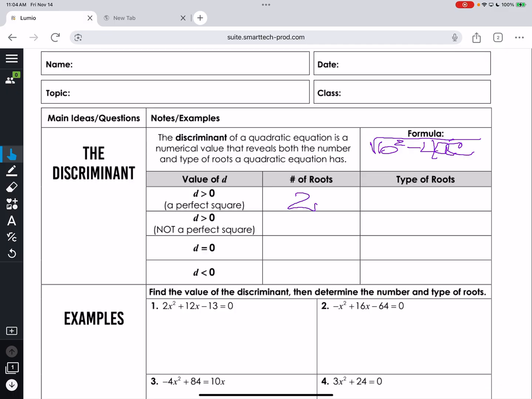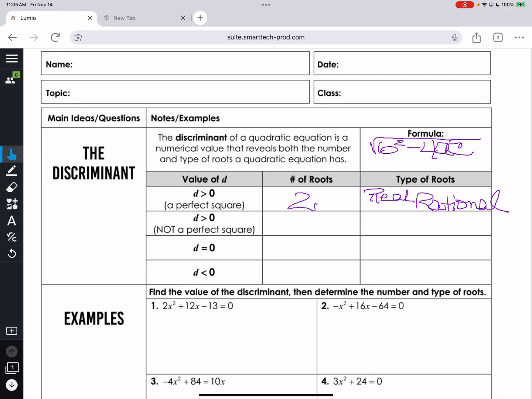They are both going to be real numbers, and they're going to be rational. In other words, you can divide them, like we would get 4 and 2, or 2 and negative 4.